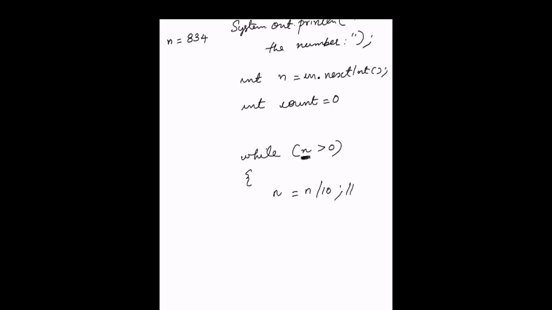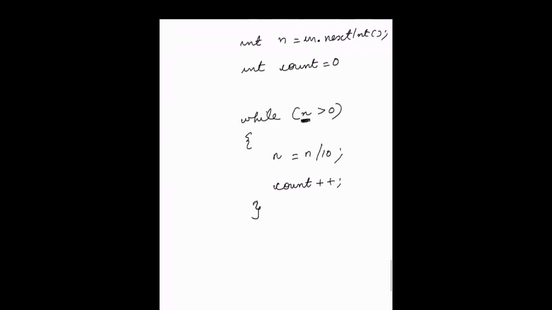If 834 by 10, what is the answer? The answer is going to be 83. So remember that. After doing this, I am going to just increment the count variable by 1. That's all. Here ends my program.